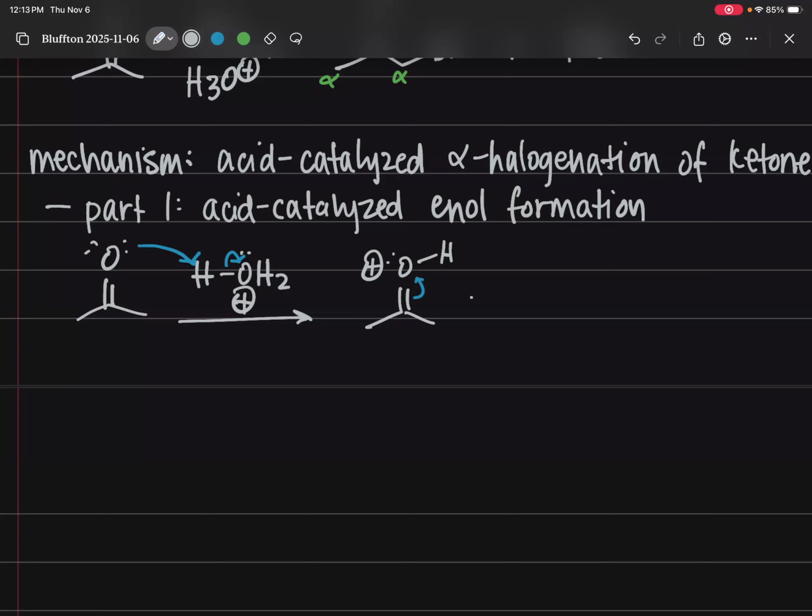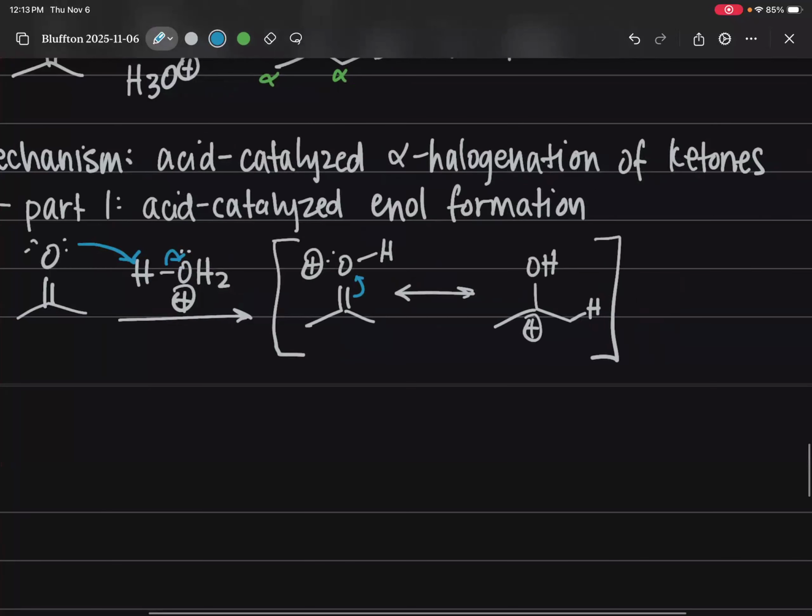We draw a resonance structure of the ketone that looks like this. Nope, not done yet. Need a hydrogen. Sorry. So we draw a resonance structure of the ketone, and then we deprotonate the alpha carbon.